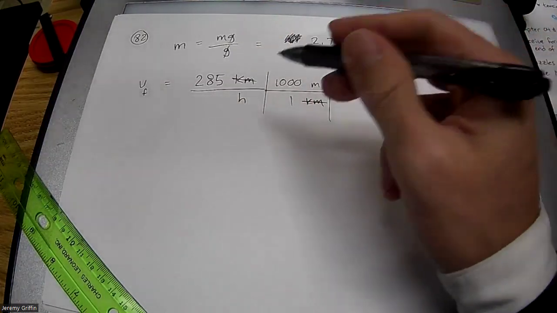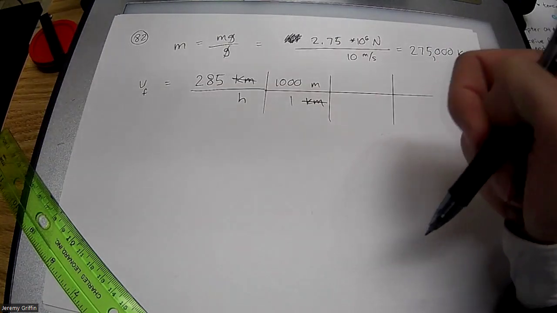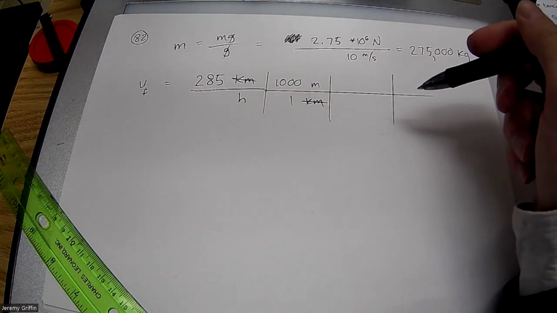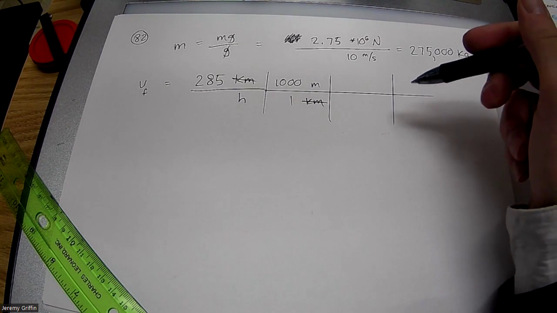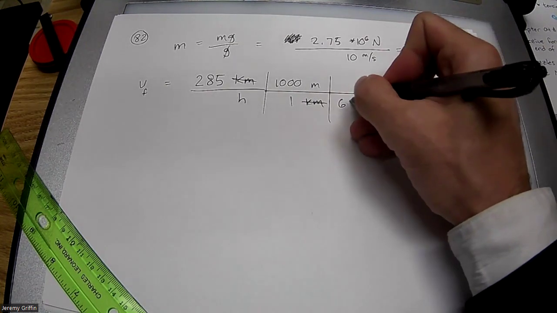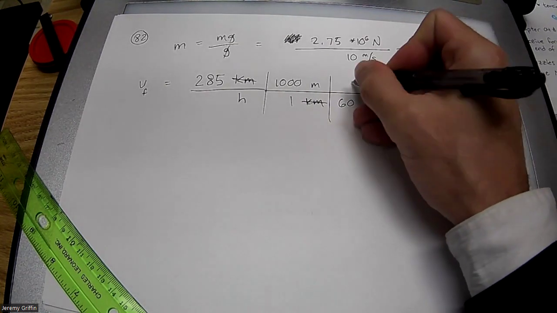Okay, now I have meters per hour. So I'm a step closer. I want meters per second. Let's go through minutes. How many minutes in an hour? 60. Should the number 60 go on top or on bottom? Bottom. 60 minutes equivalent to 1 hour.